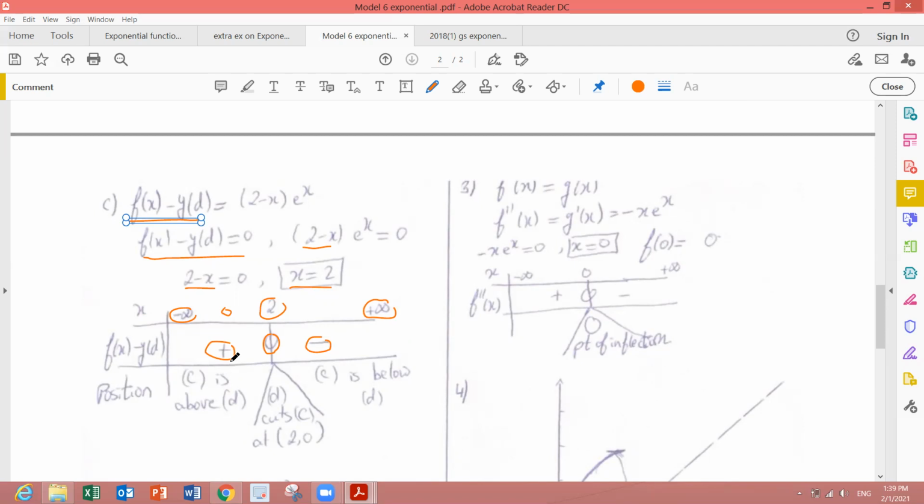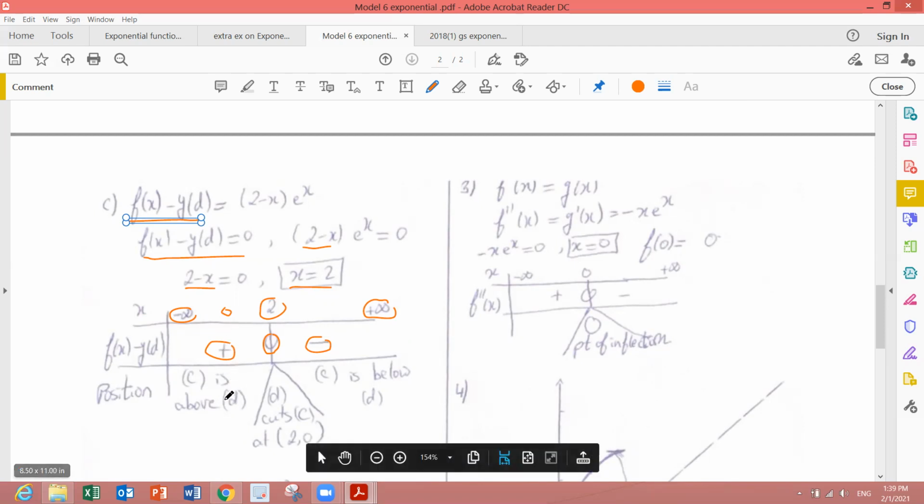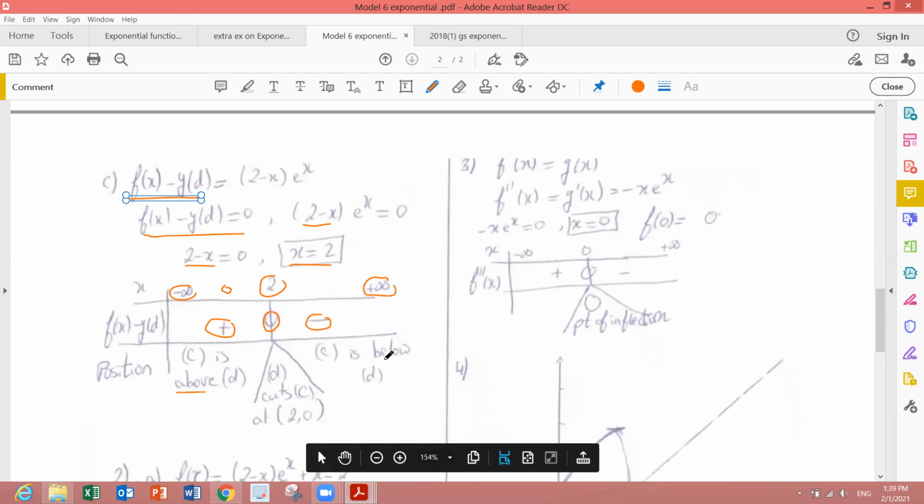The position, since it is positive, we say C is above D. Negative, we say C is below D. At 0, we say that D cuts C at the point of abscissa 2.